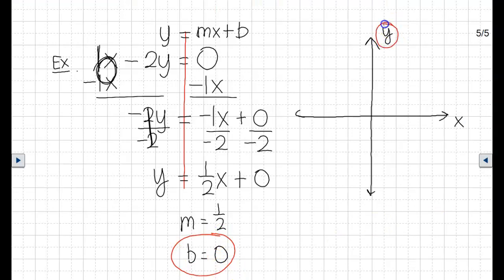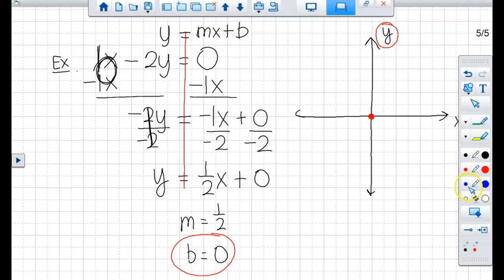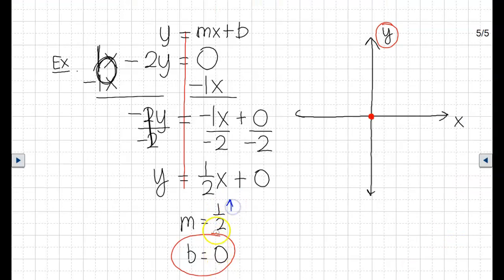We put that on the y-axis, so we go to the origin, and since b is 0, that's where we put our dot. And now we're going to take our slope and rise over run. So rise positive 1 means go up 1, run positive 2 means go right 2. So we're going to go up 1, right 2. Up 1, right 2. Step up 1, right 2.